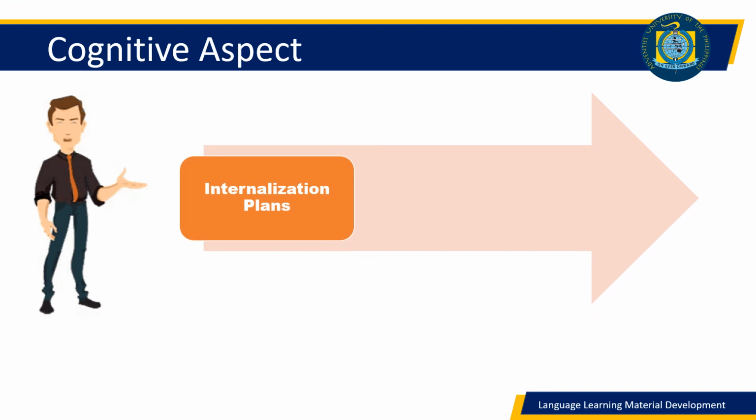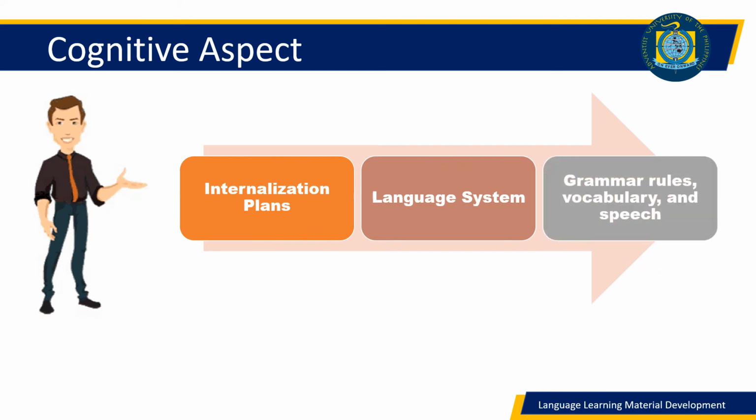For language use, these plans derive mainly from the language system, and that language system includes grammatical rules, vocabularies, and social conventions governing speech.